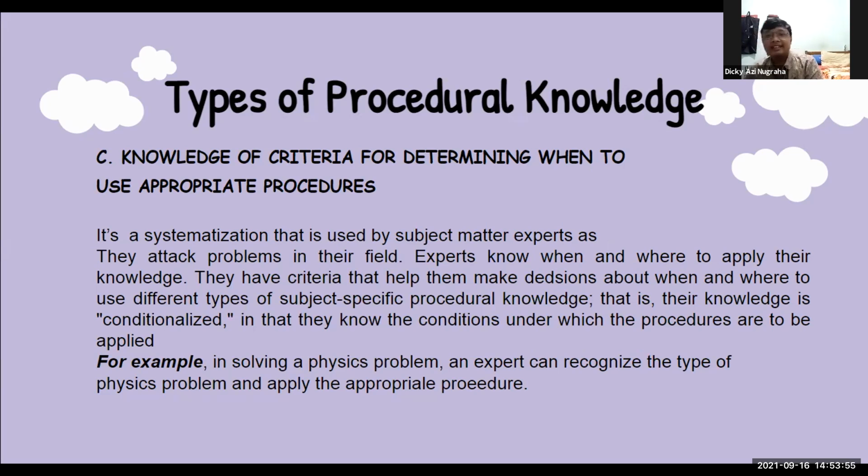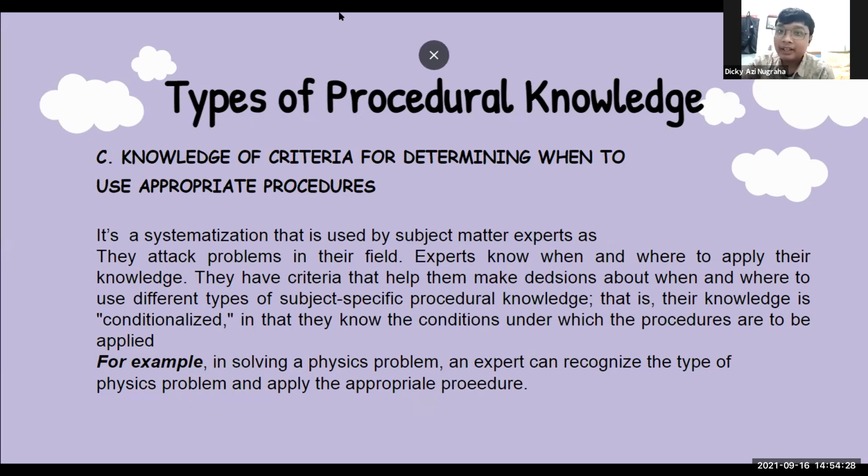For example, in solving physics problems, an expert can recognize the type of physics problem and apply the appropriate procedure. Another example is knowledge of the criteria for determining which of several types of essays to write, or knowledge of the criteria for determining which method to use in solving algebraic equations.